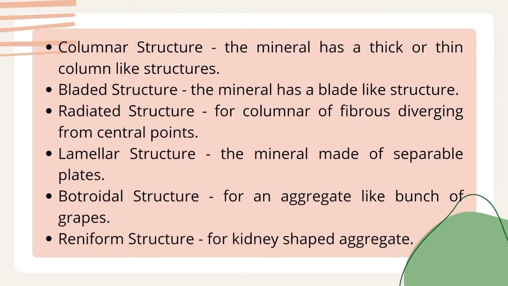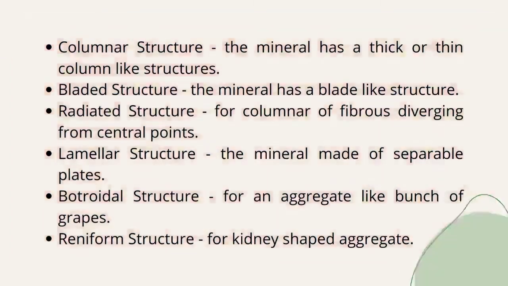In the bladed structure, the mineral has a blade-like structure. Radiated structure, columns or fibers diverging from central points. Lamellar structure, the mineral is made of separable plates. Botryoidal structure, an aggregate like a bunch of grapes. Reniform structure, a kidney-shaped aggregate.